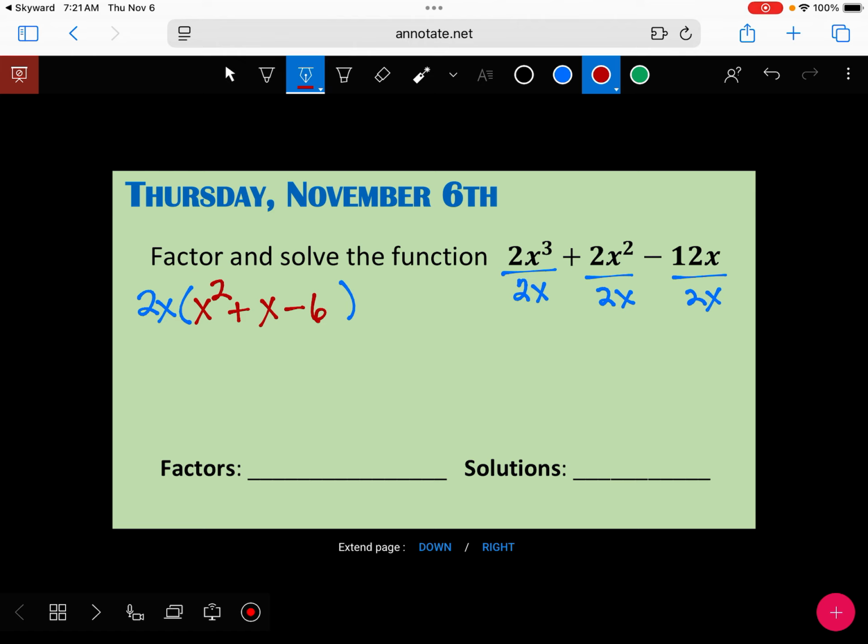Now we need to factor what's on the inside. So we need two numbers that multiply to be -6 and add to 1. So we can finish it out. Two numbers that multiply to be -6, but they add to be a +1.